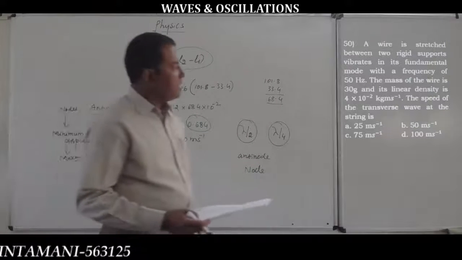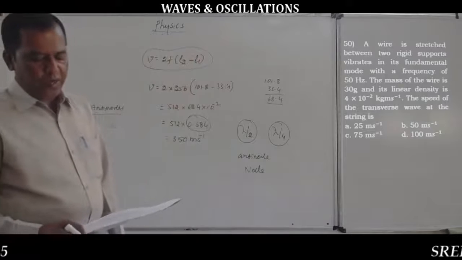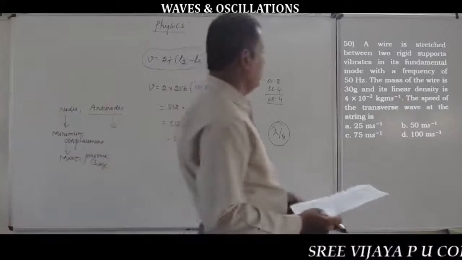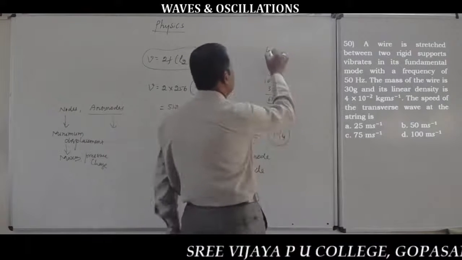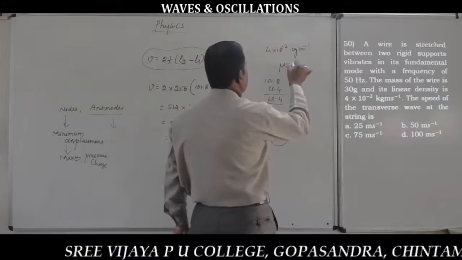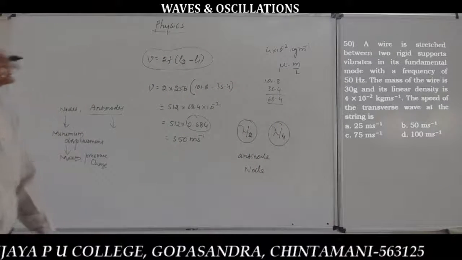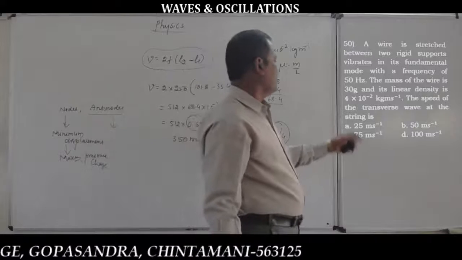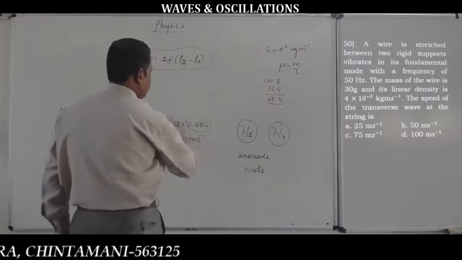The mass of the wire is 30 grams and its linear density is 4 into 10 power minus 2 kg per meter. There is a small mistake in typing the unit there. The speed of the transverse wave in the string is what we are supposed to find.